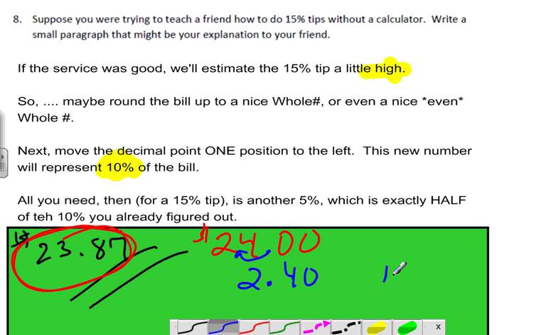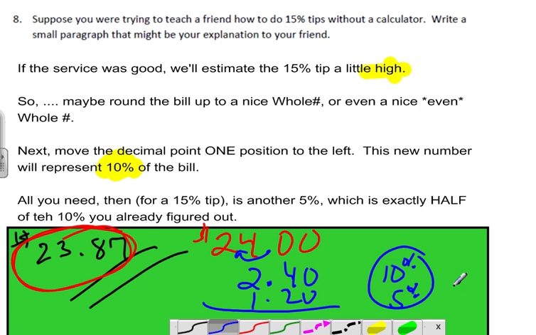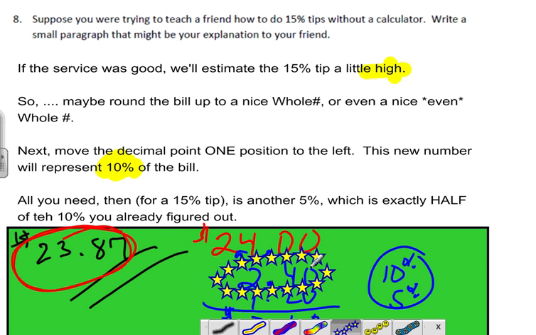That's 10%. And we just need another 5%, which is exactly half of 10%. So $1.20. So a good 15% tip here would be $2.40 and $1.20, which is about $3.60. If you wanted a 20% tip, well, then you could just double the 10% and tip about $4.80.